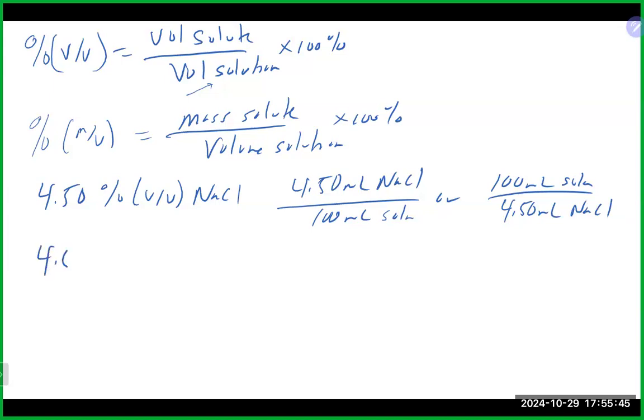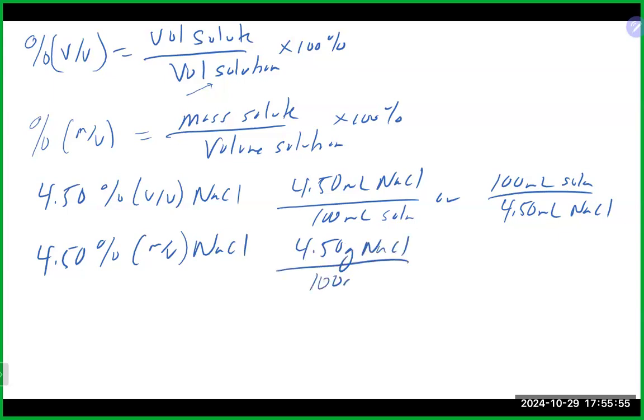If you had 4.5% mass to volume sodium chloride, it would mean that you have 4.5 grams of sodium chloride in 100 milliliters of solution. Or in 100 milliliters of solution, there would be 4.5 grams of sodium chloride.